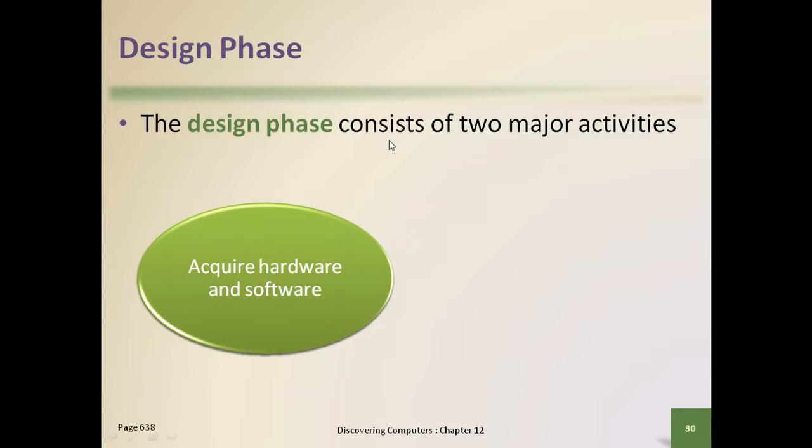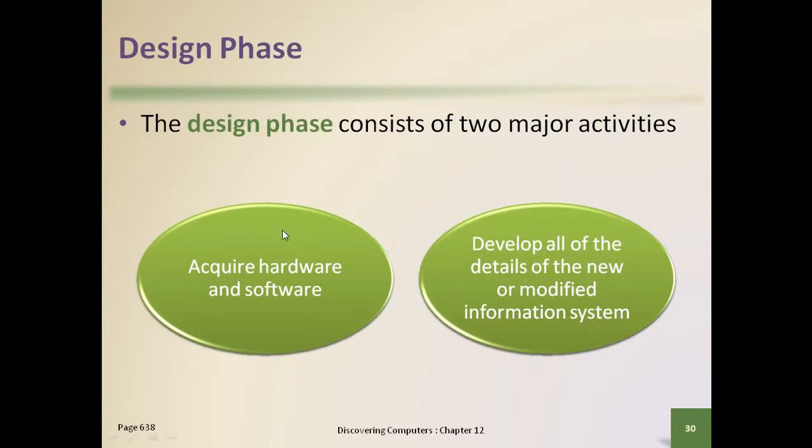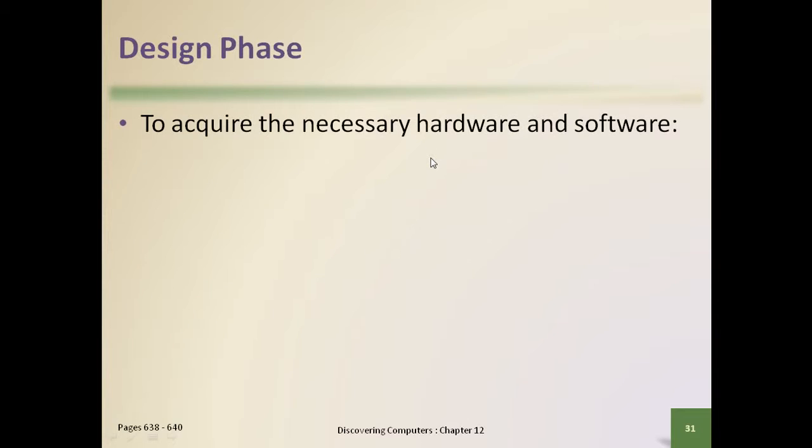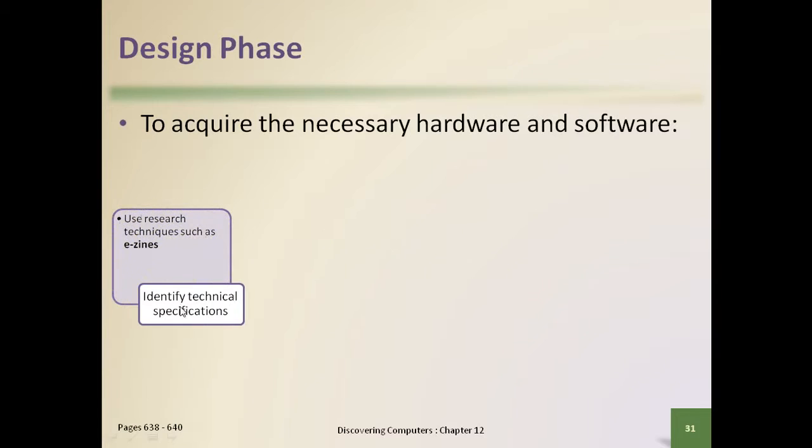The design phase consists of two major activities: acquire hardware and software, and develop all of the details of the new or modified information system. To acquire the necessary hardware and software, identify technical specifications and use research techniques.